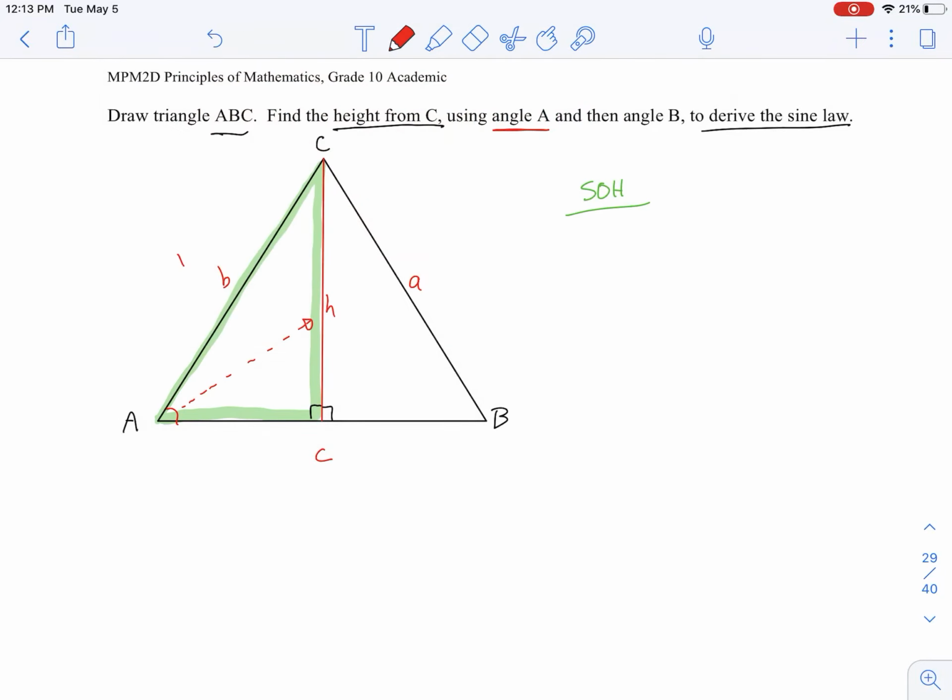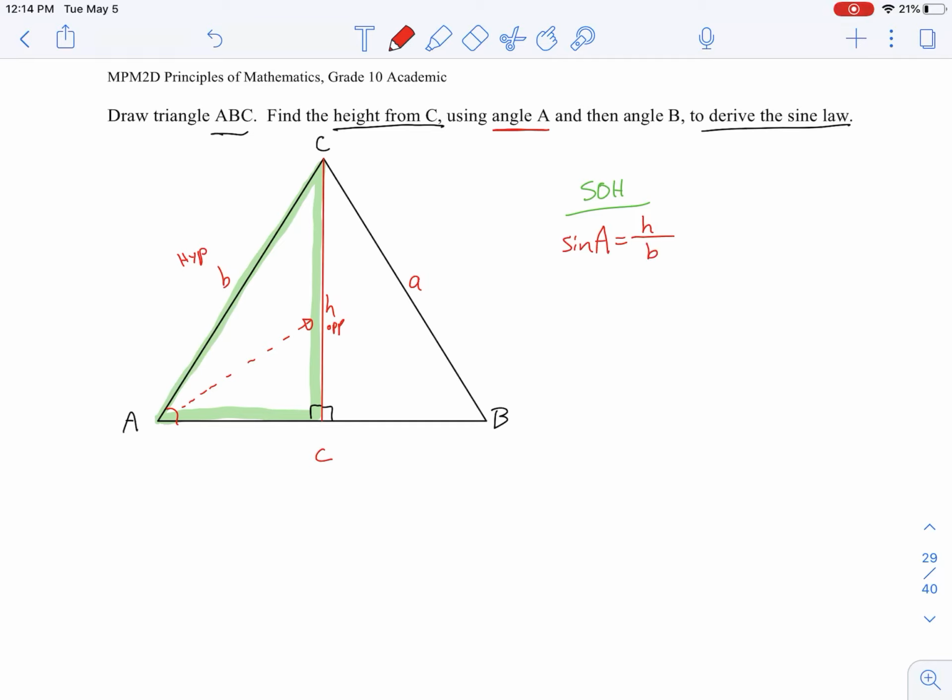So temporarily, this is our opp and this is our hyp. So I'm going to set this up and say that sine of angle A, or theta that we're looking at, is equal to the opposite of A, which is h, the height in this case, divided by the hypotenuse, which is b in this case.